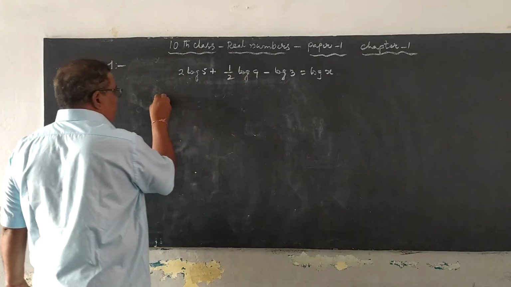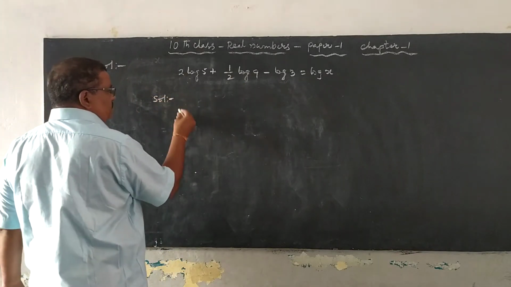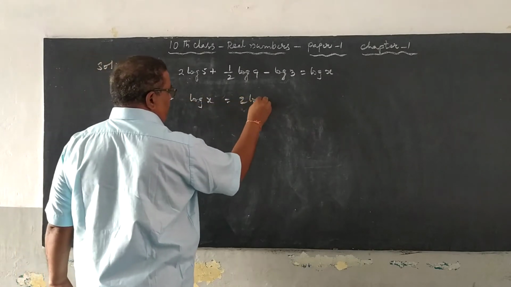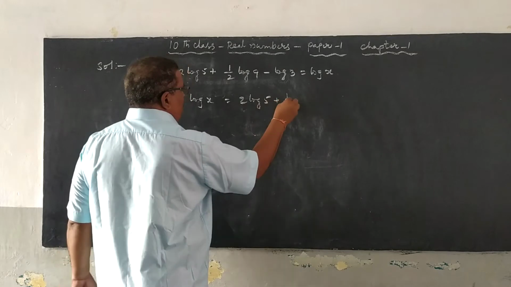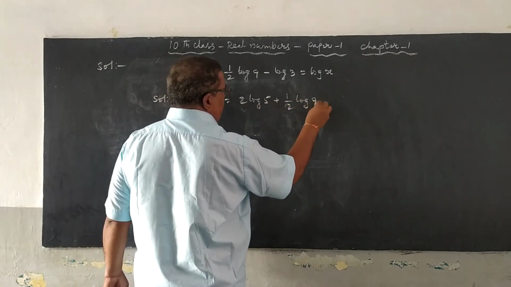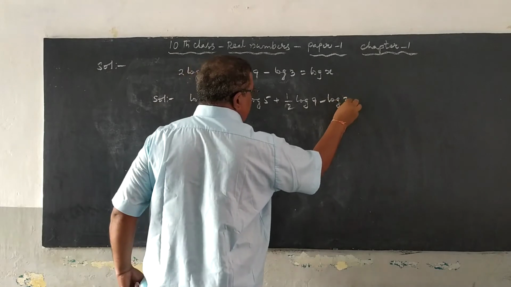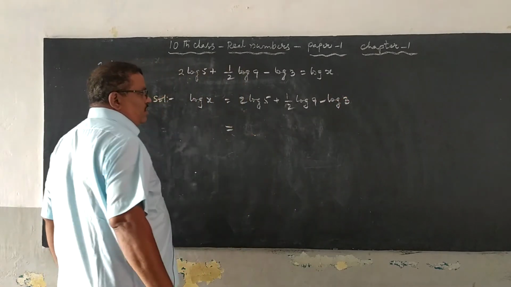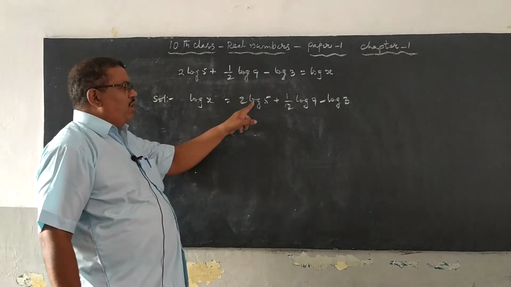So, we have to write log x is equal to 2 log 5 plus half log 9 minus log 3. That is equal to 2 log 5, which is in the form m log x.